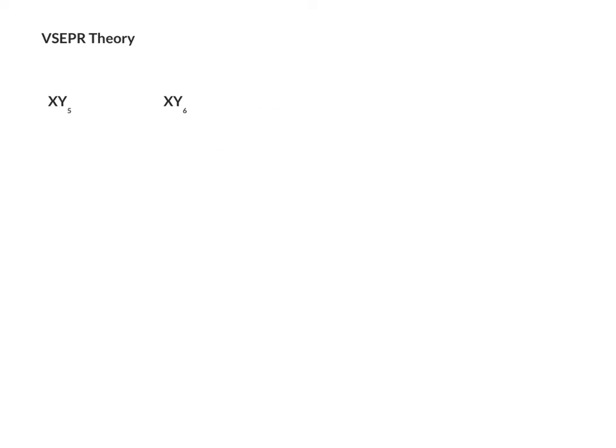VSEPR theory continued. The next type, the XY5 type. How is that drawn?